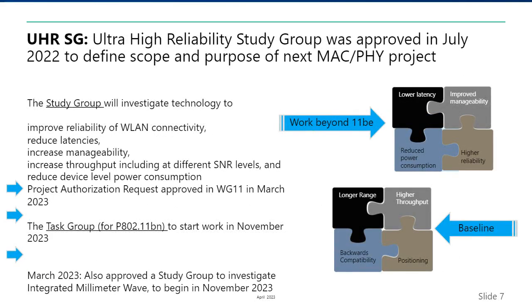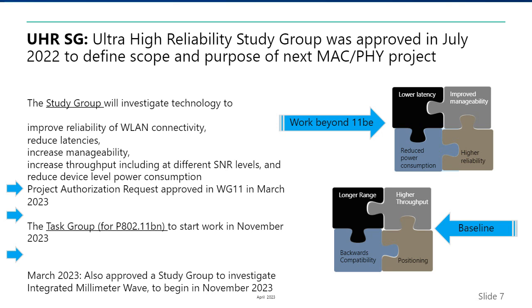Okay, yes, Edward, can you hear me? Yes, I can hear you loudly. Thank you. The question is which group is working on, quote, Wi-Fi 8? This would be the work which is the next MAC and PHY amendment beyond 11BE, which is Wi-Fi 7.